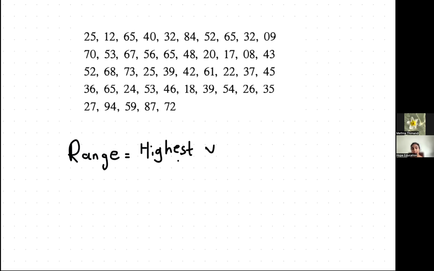We are trying to get an idea of how big the spread is from the lowest value to the highest value. So we find the highest value and the lowest value and then subtract to get the difference. So that would be the range.